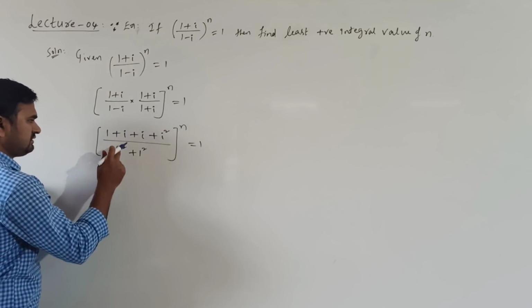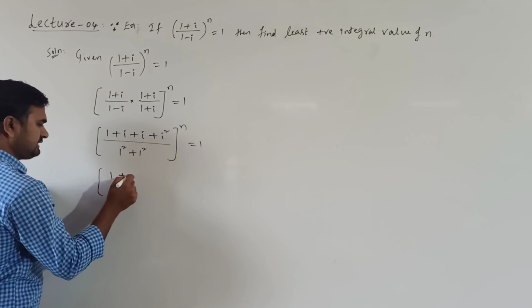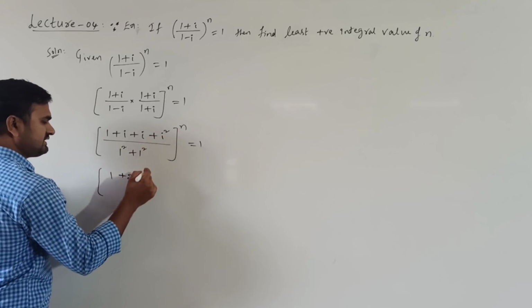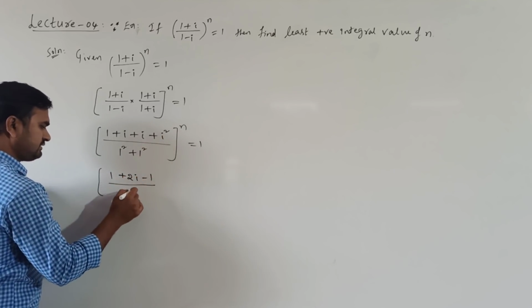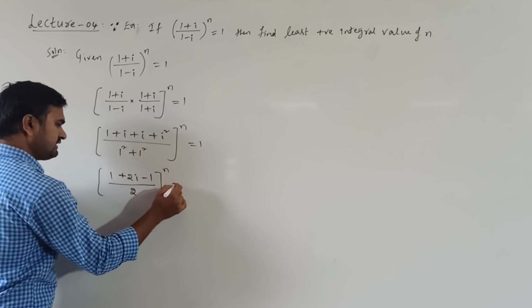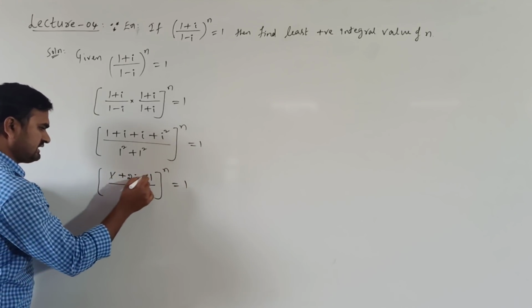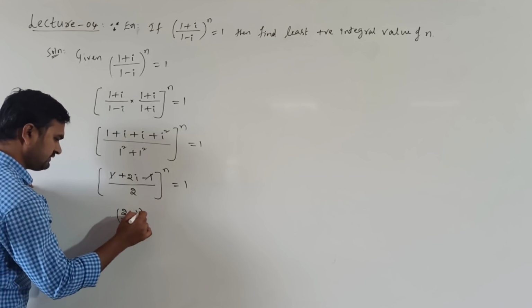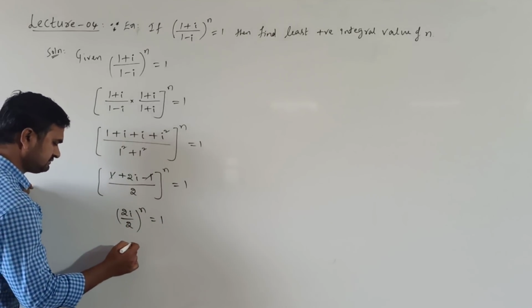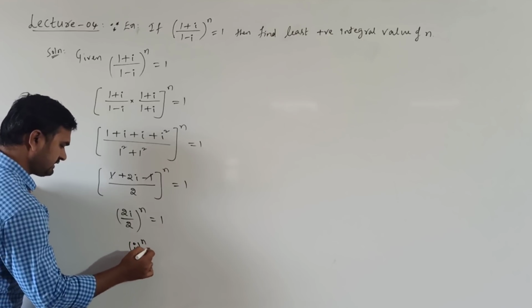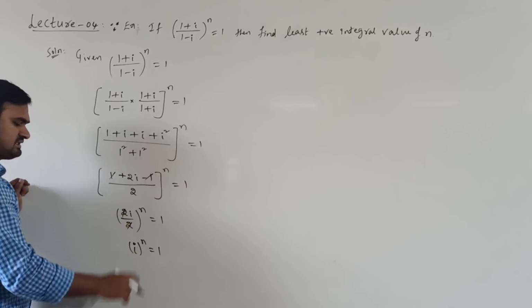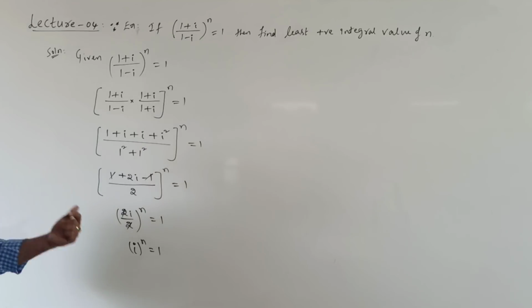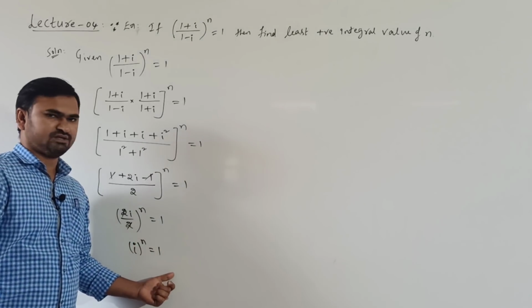So i plus i is 2i, i square is minus 1, so 1 cancelled, divided by 2, whole to the power of n is equal to 1. So (2i by 2) whole to the power of n is equal to 1. By cancelling 2, we have i power n is equal to 1.